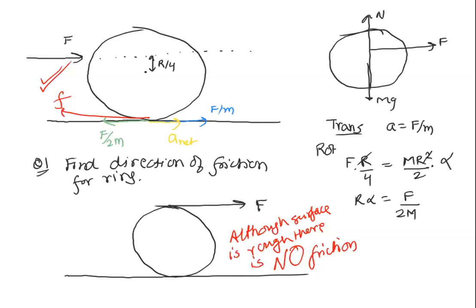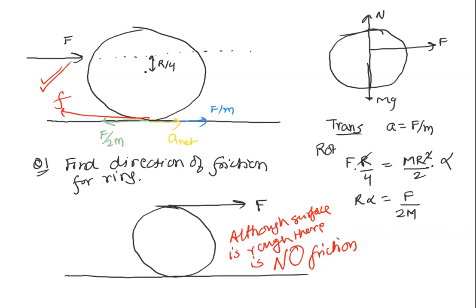Very rarely do you come across objects which are not spheres, not cylinders. And if you are dealing with a sphere or a cylinder and it is rolling on a horizontal or an inclined surface, then the rule will work. 99.99% of the questions, the rule will work.